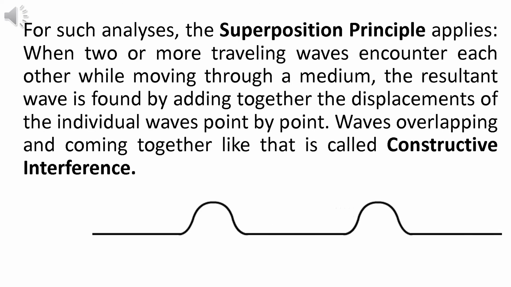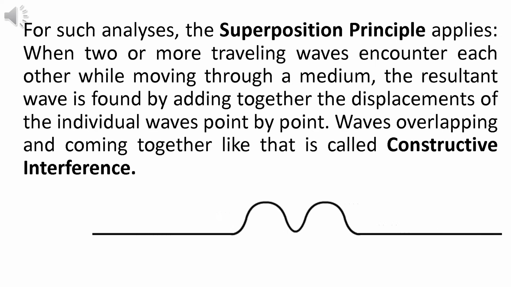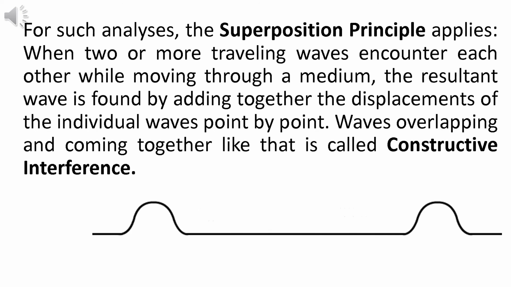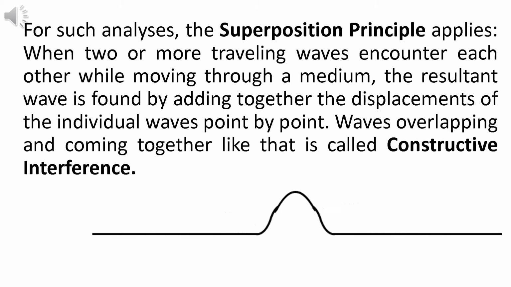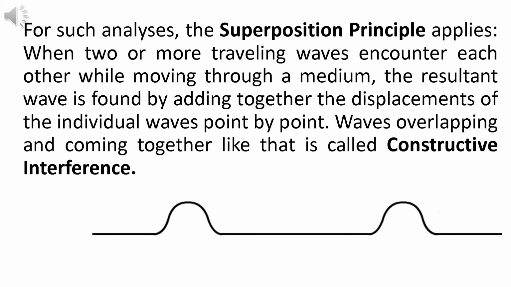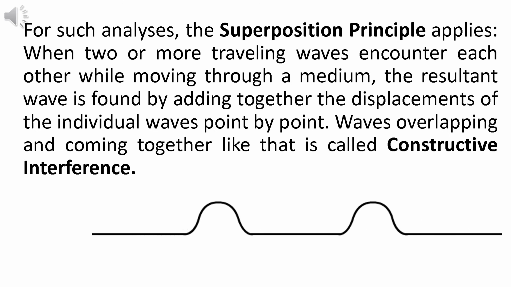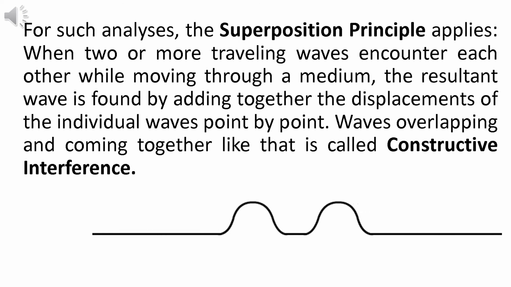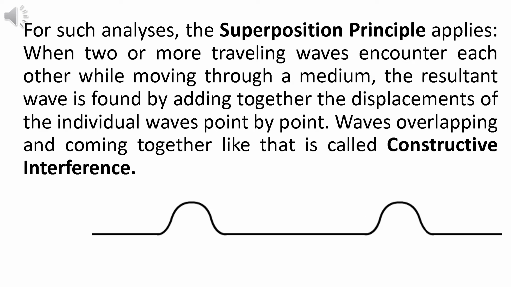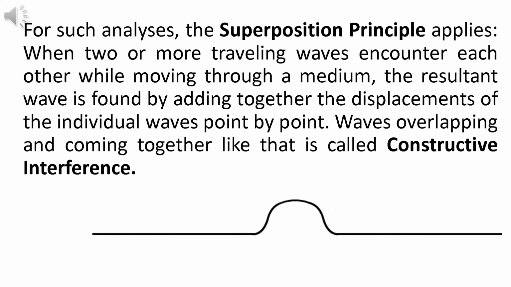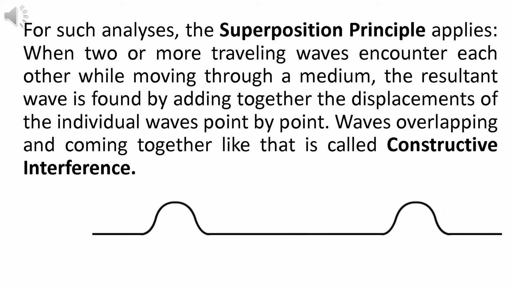For such analysis, the superposition principle applies. Okay. When two or more traveling waves encounter each other while moving through a medium, the resultant wave is found by adding together the displacements of the individual waves point by point.